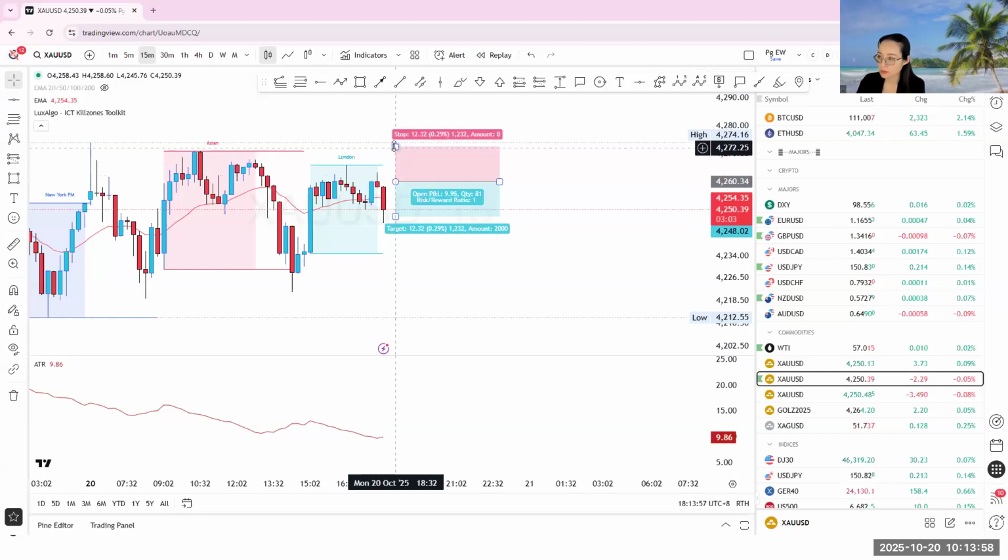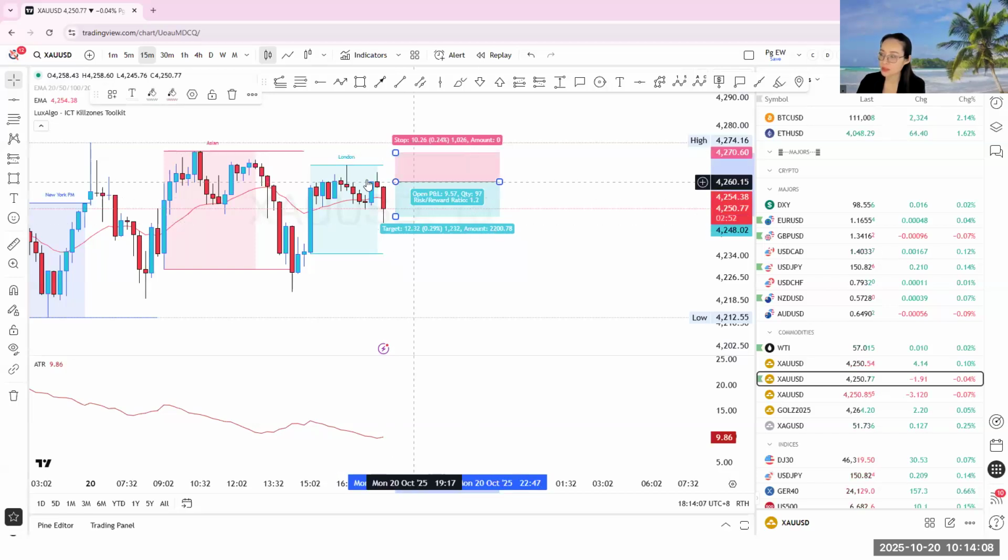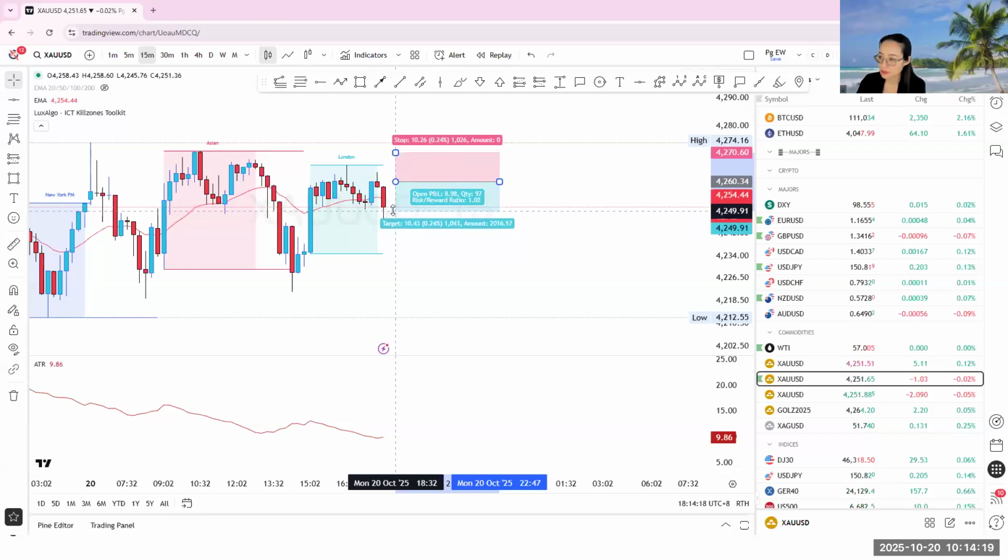Okay. The stop loss would be where? Should be 900. Let's just say 1,000. Meaning that you sell here, you put the stop loss above the London high. Take profit, you easily hit your take profit.